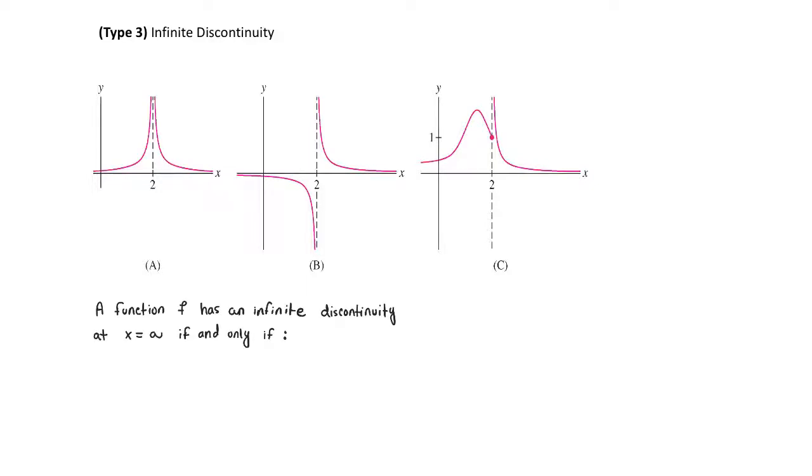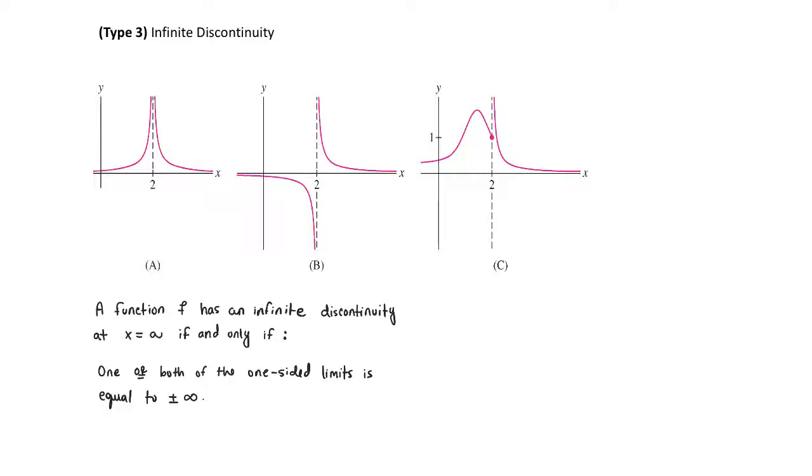So now, writing the formal definition of an infinite discontinuity, we will say that a function f has an infinite discontinuity at x equals a if and only if one or both of the one-sided limits is equal to plus or minus infinity.